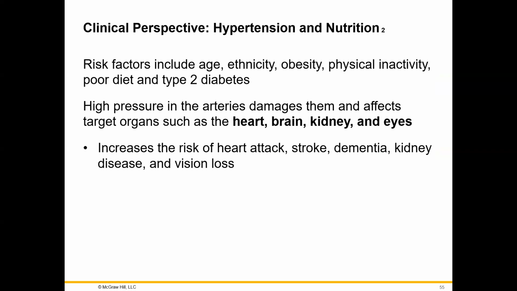Now, risk factors for hypertension include age, ethnicity, obesity, physical inactivity, poor diet, type 2 diabetes. And that's a big problem because that high pressure in the arteries can damage them and affects target organs like the heart, brain, kidney, and eyes.